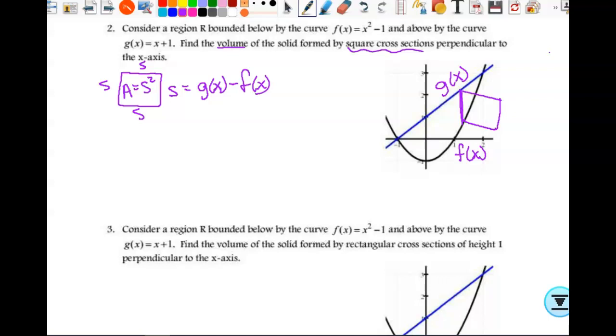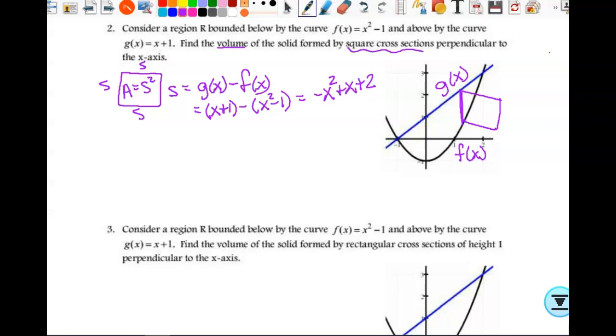So that really is, your g of x was, oh wait, sorry. G of x is x plus 1 minus x squared minus 1. And that equals negative x squared plus x plus 2. Right?